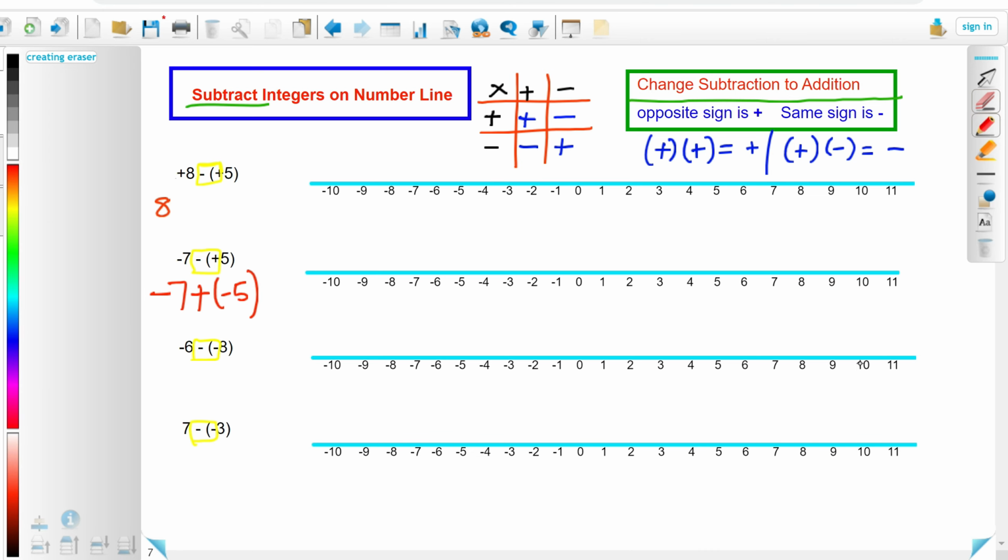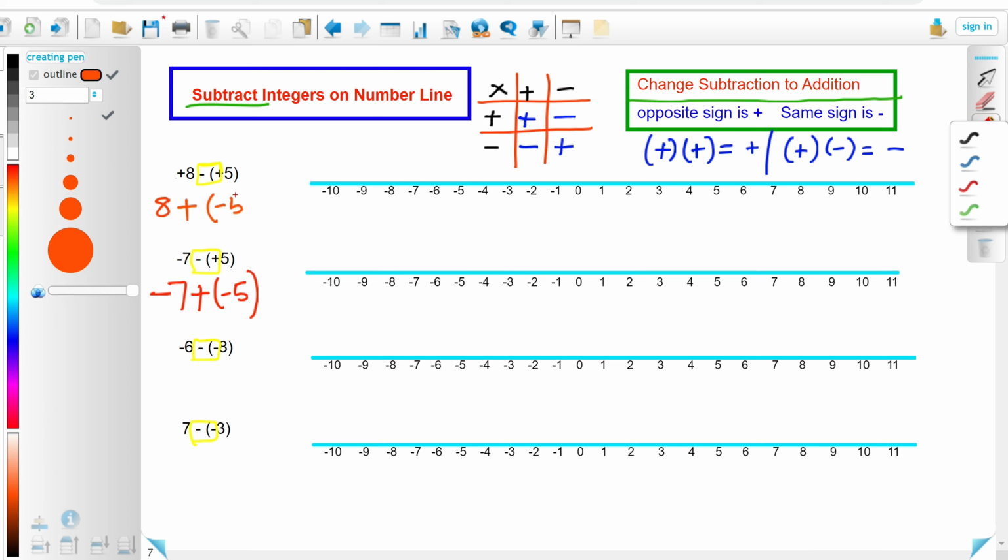So here, positive and negative. We'll write this with positive, but 5 becomes negative. You get the idea. 5 becomes negative. So 8 minus plus 5 is same as 8 plus minus 5. So what I'm trying to say is this: positive and negative is negative.